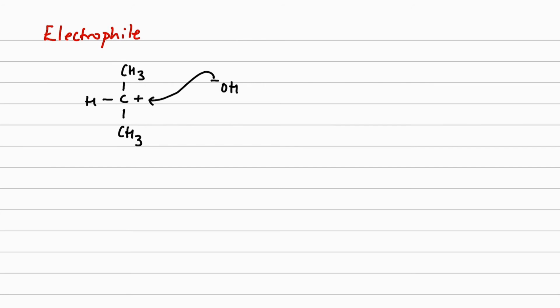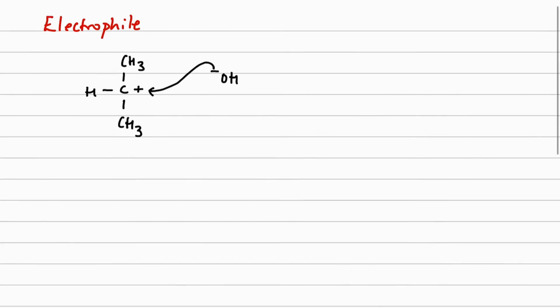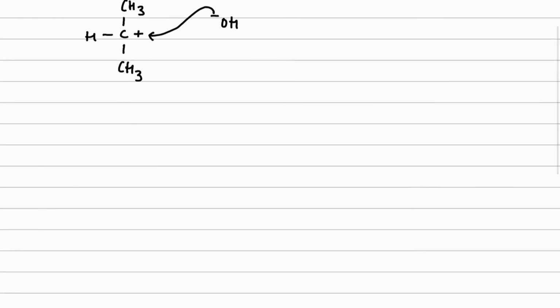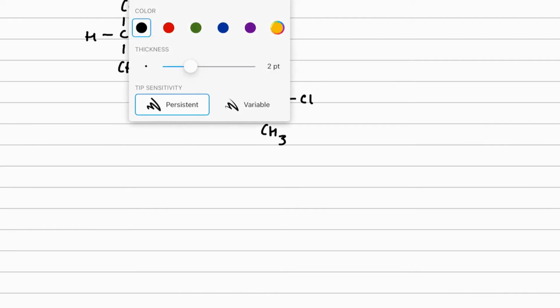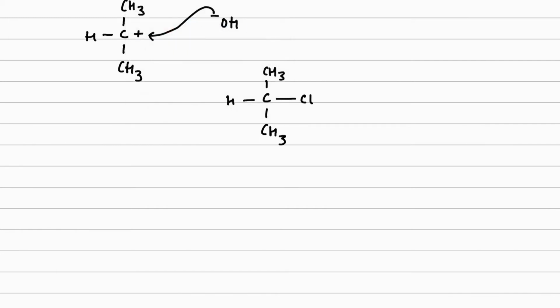It doesn't have to be a positively charged ion. It could be a delta positive carbon in our molecule. So, for example, if we were to start with a haloalkane, let's start with a chlorine atom there. Due to inductive effects, we know that the electrons in the carbon-chlorine bond are drawn towards the chlorine and away from the carbon.